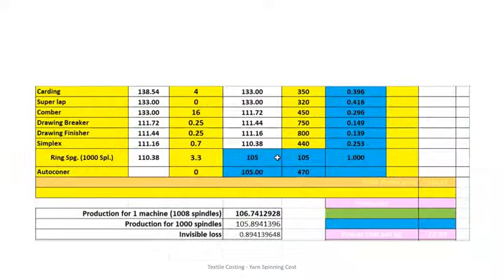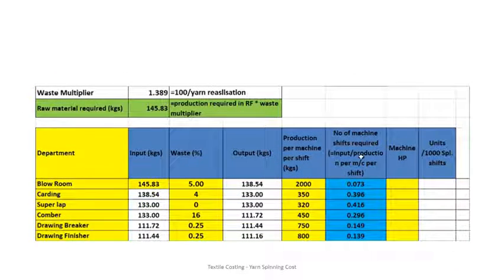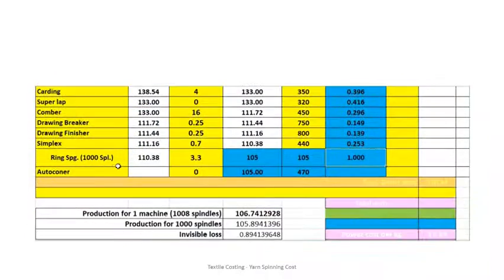So this is the actual production, and it is for 1000 spindles. The machine may have 1200 or anything, but we are going to calculate only for 1000 spindles. So here the number of machine shifts required to produce this GPS is 1.